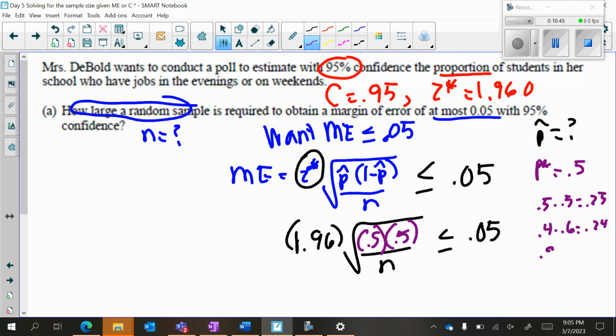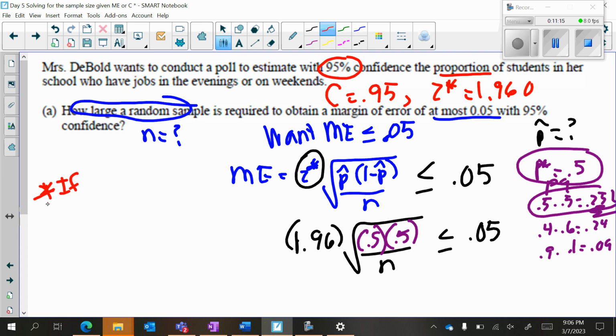If you have 0.9 times 0.1, that's going to be 0.09. Basically, there's not going to be any other product of P and Q that's going to equal anything bigger than 0.25. So this 0.5 times 0.5 is considered a conservative estimate. We're basically overshooting the margin of error because we don't know the value of P hat. So we don't have P hat, so we're going to use 0.5, all right? So let's just write that down.